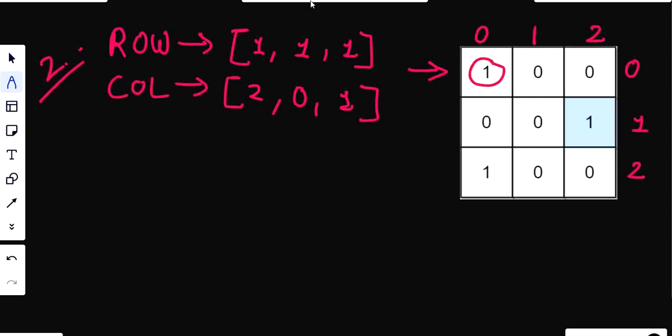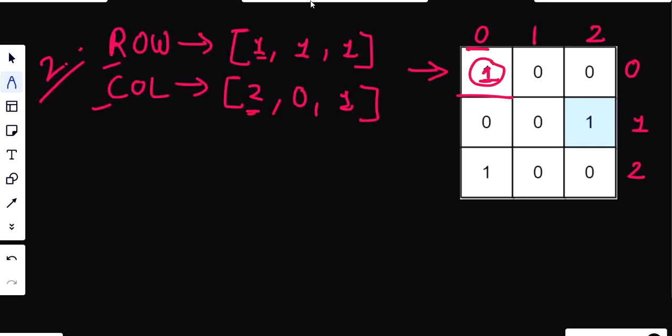Then I will simply check for this row's index and column index in the pre-calculated data. So this is the position where i is 0 and j is 0. If this value is 1, in that case, check the row pre-calculated count at 0 index and also the column.